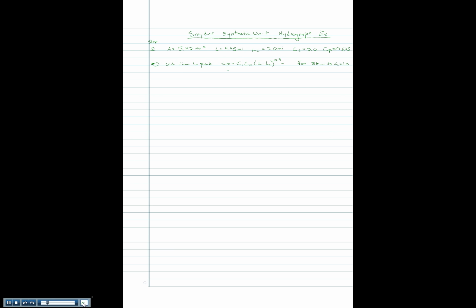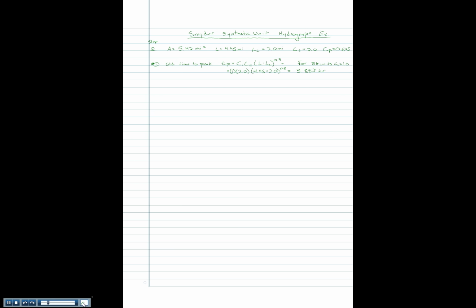And thus what we'll substitute in is 1 times the C sub T of 2.0, 4.45 times 2.0 to the 0.3 power is 3.853 hours.